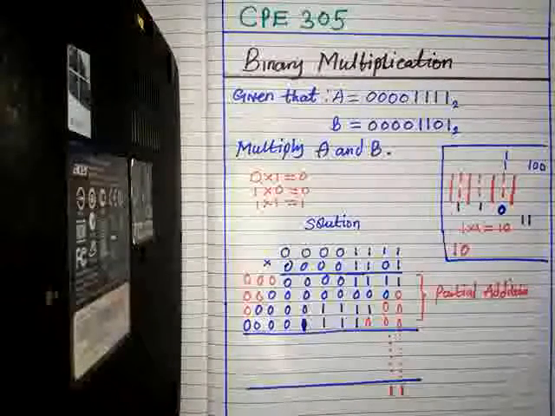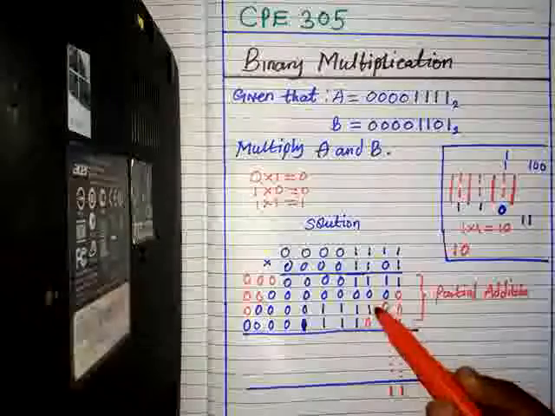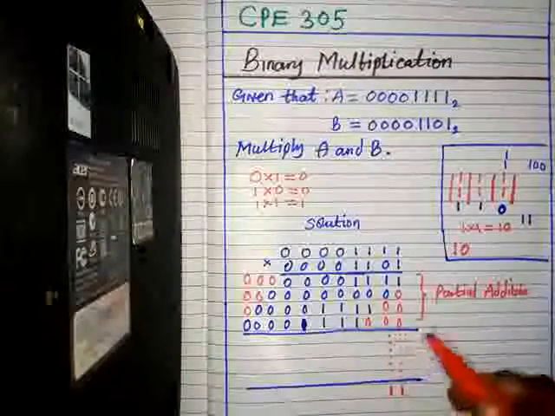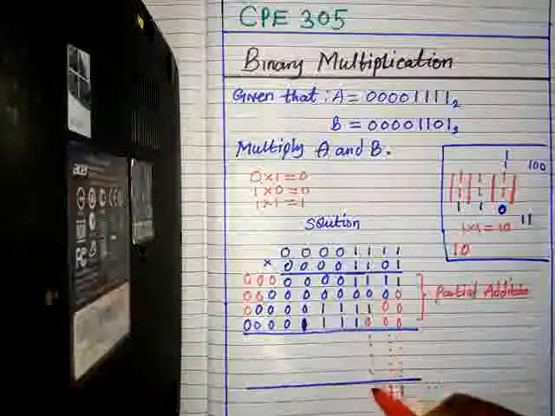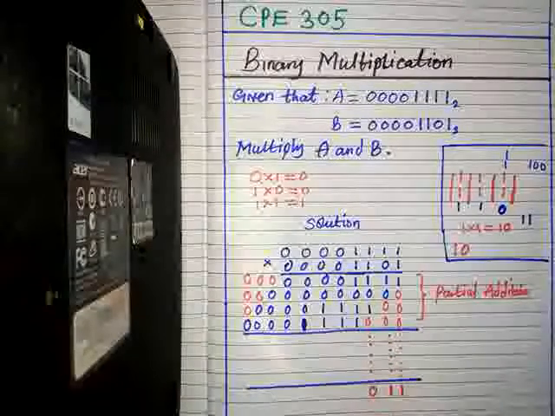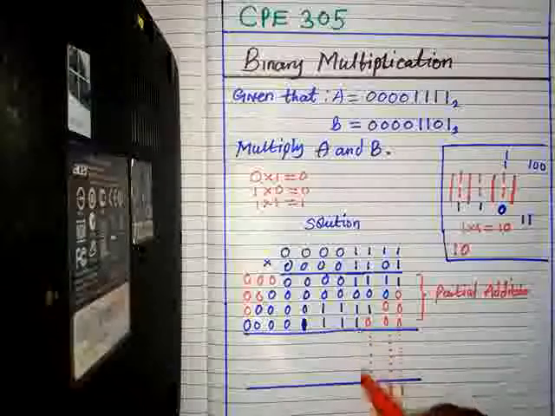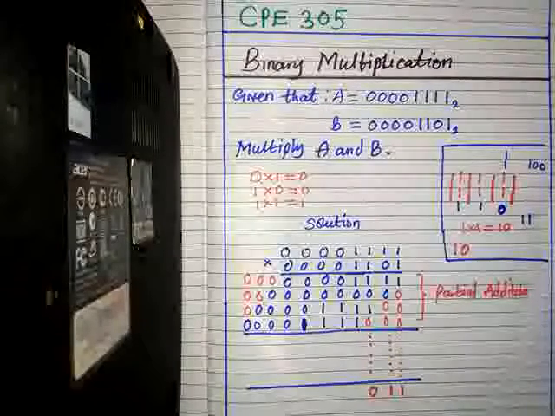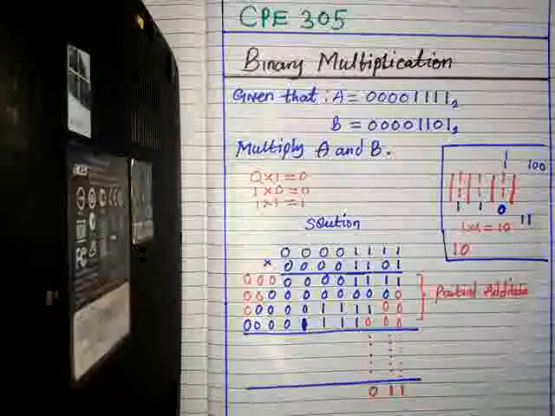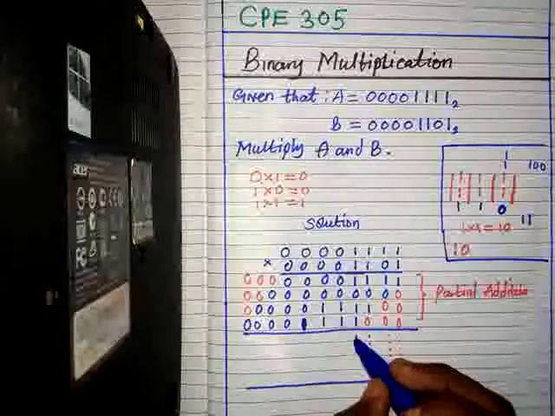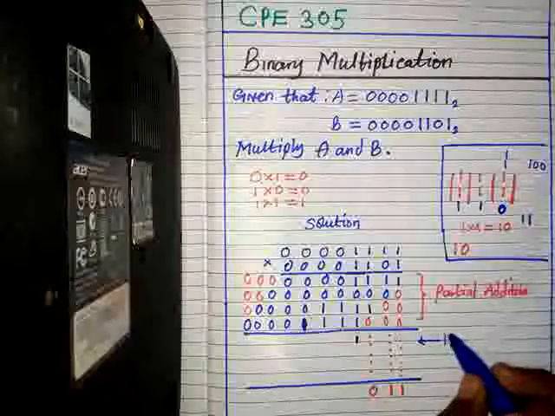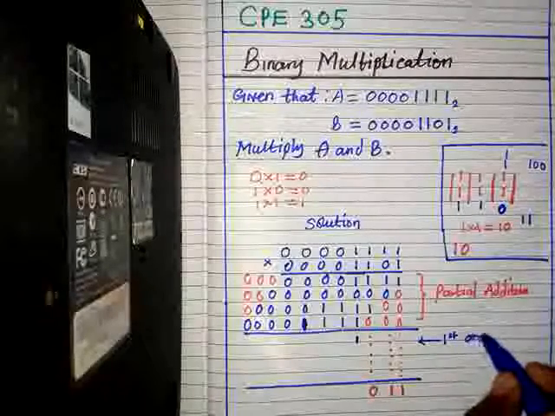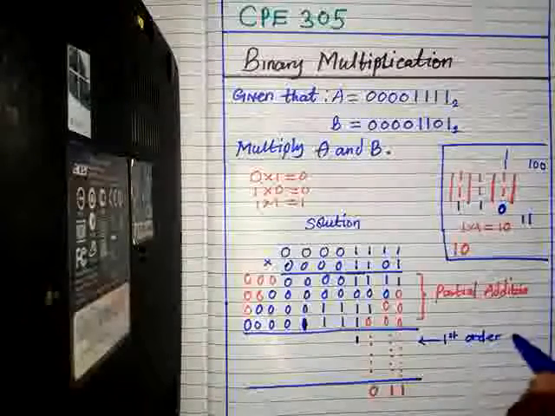So this one we have 1 plus 1, and 1 plus 1 normally is 1 0, so I will have 0 here and carry of 1, but the carry this time around will be situated here and indicated as the first order carry.